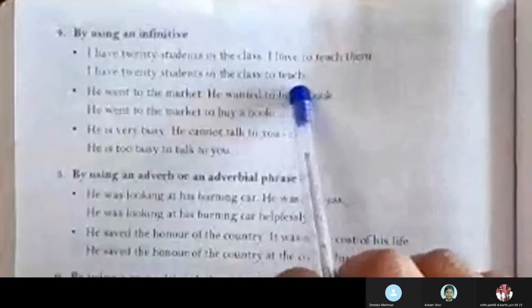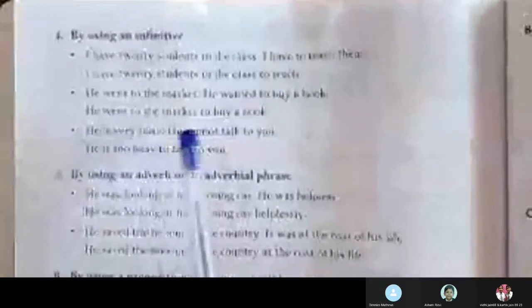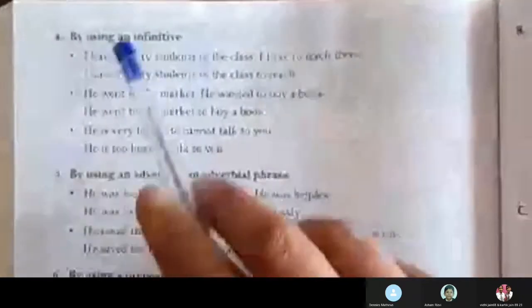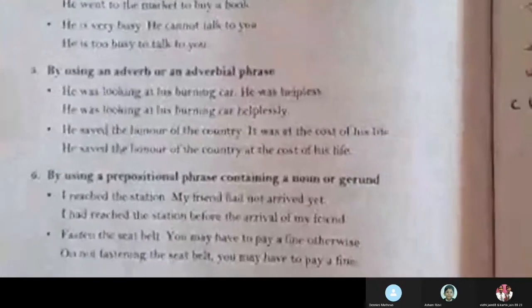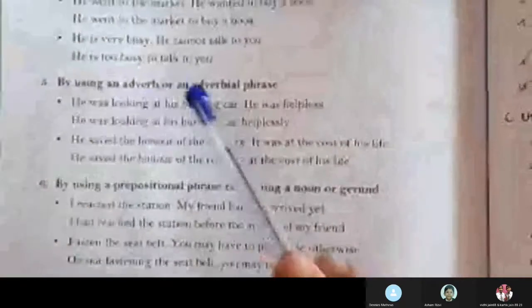Then the other method is by using infinitives. Infinitives are the two words, that is to, right? Like here, you see, to teach, went to the market to buy, to talk. By using infinitives, you have joined these sentences. Then, by using an adverb or an adverbial phrase, that means the presence of an adverb or adverbial phrase would be there for joining it.